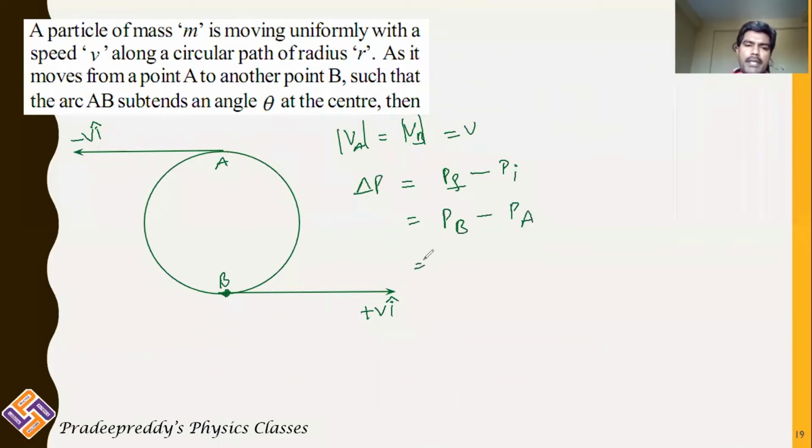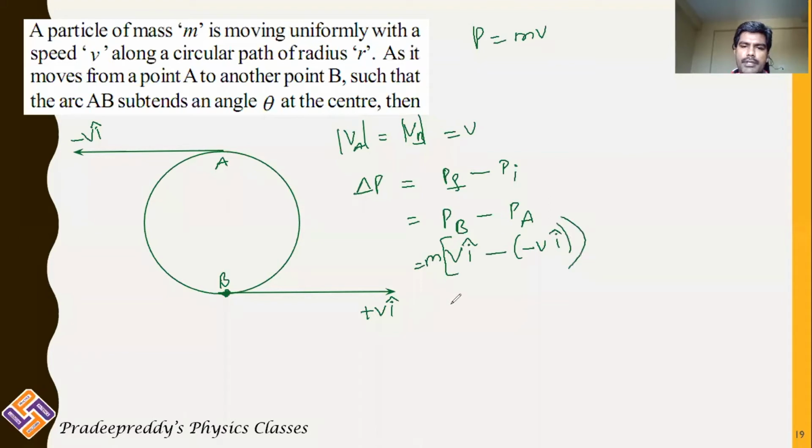Final momentum PB is m V I cap, minus of momentum at A. I'm sorry, there should be m here because momentum P is equal to mv. So m, and initially momentum at position A is minus V I cap.